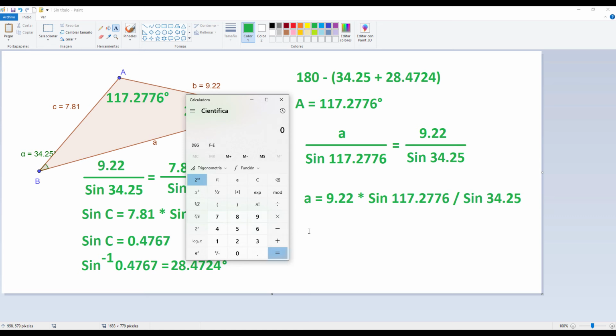Okay. Sine of that. Okay. Multiply by. Divided by. Okay.